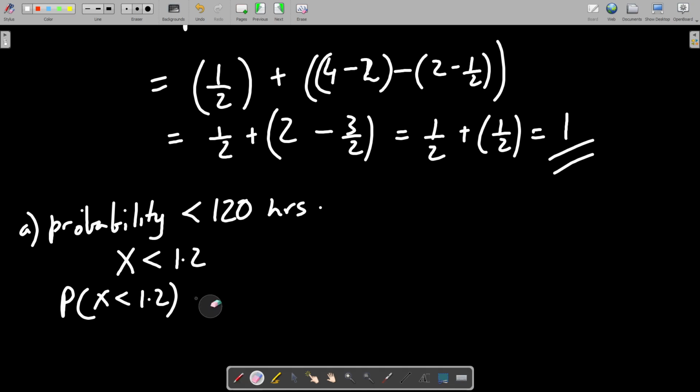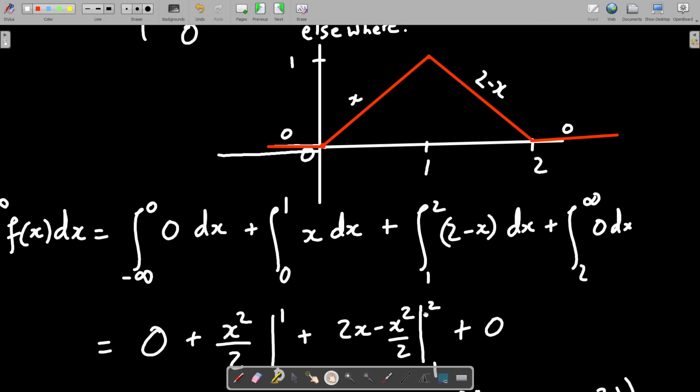So what is probability of x less than 1.2? This is integration from minus infinity till 1.2. But what is the behavior of the function? The function takes different values.